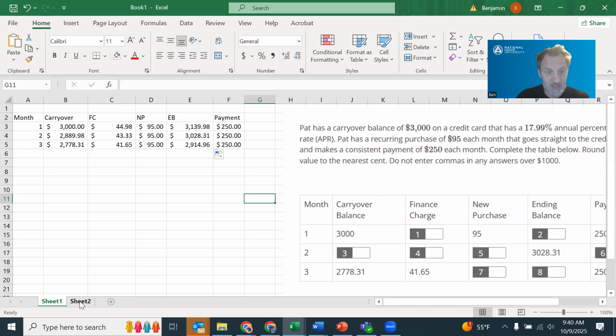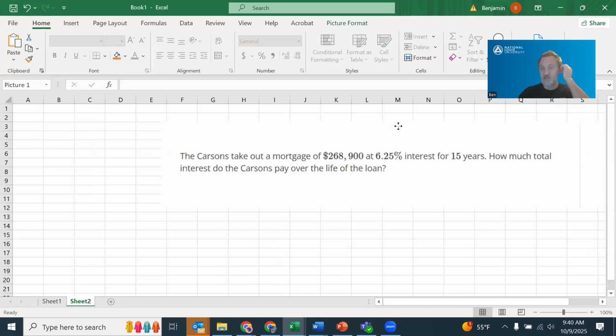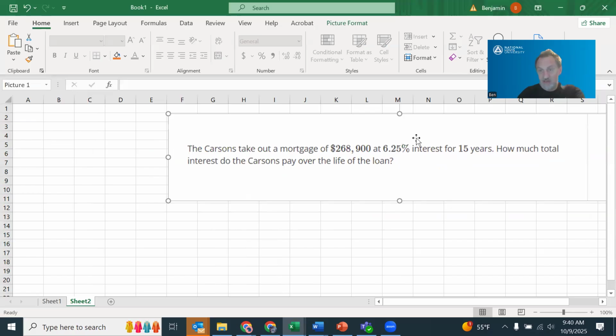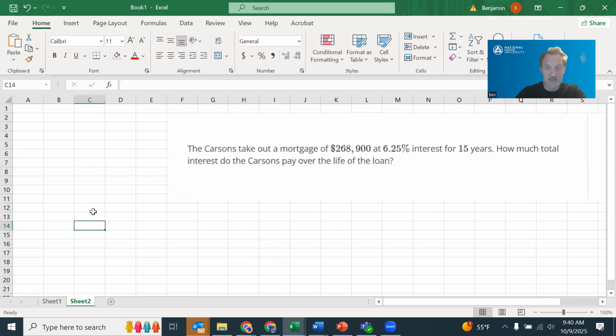Okay, I'm going to switch over to the next question. And in this question, that rounding issue comes up again, but it's definitely going to have an impact on the answer. And if you don't think about the rounding, you're going to get this wrong. So we got a mortgage, we got 6.25% interest, we got 15 years. How much total interest?